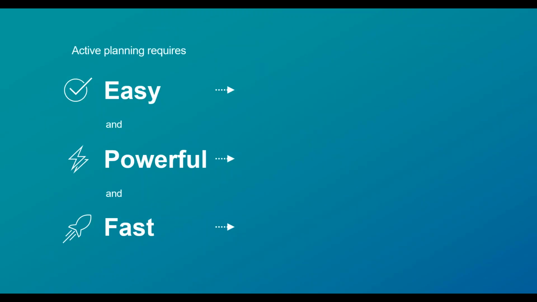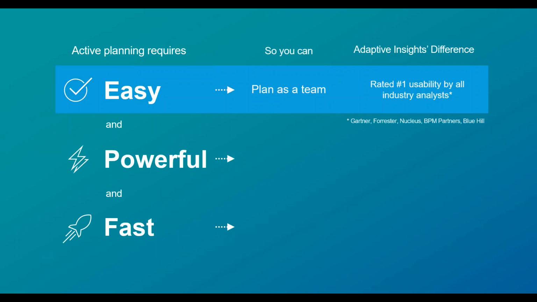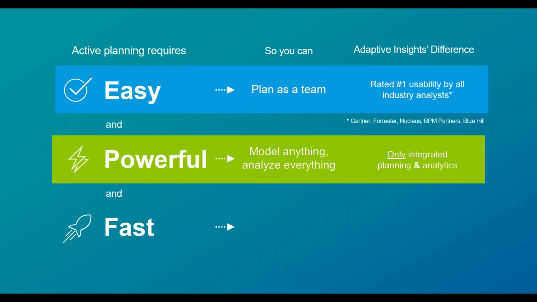In order to do that, you're also going to need a tool that is easy to use. Easy to use to get business users, not only finance, but other active participants in your process, a tool that's easy for them to use and really collaborative around the planning process. It needs to be powerful so that you can build rich, sophisticated, interconnected models, just like you can in Excel, and based on real business data.